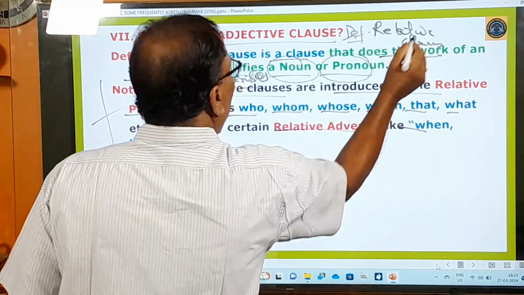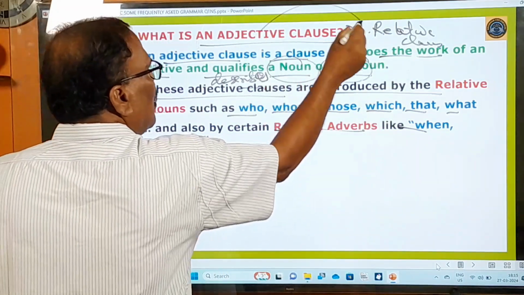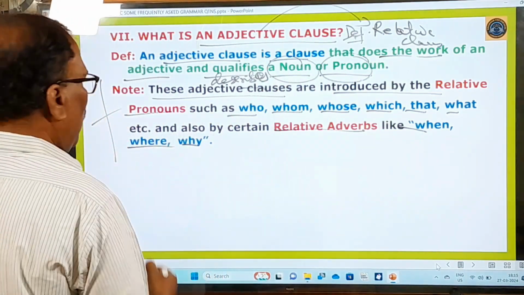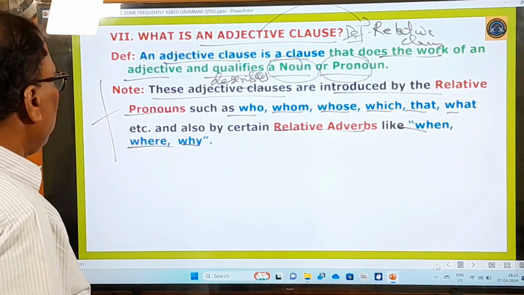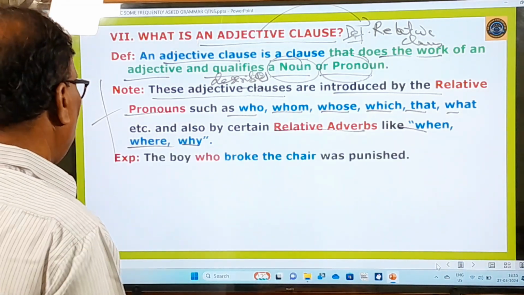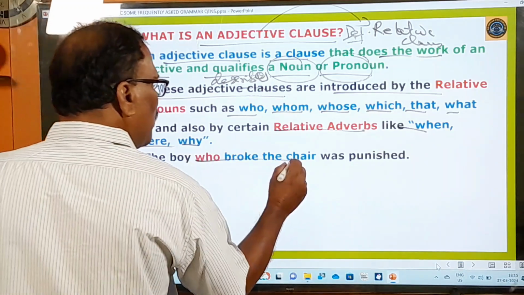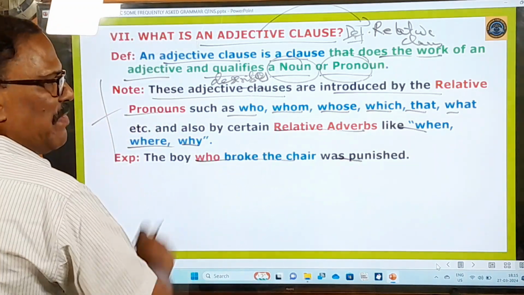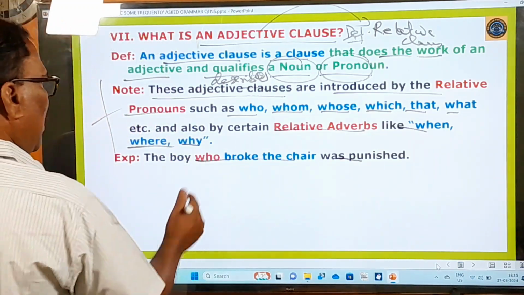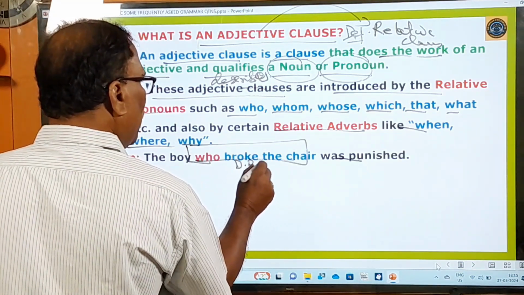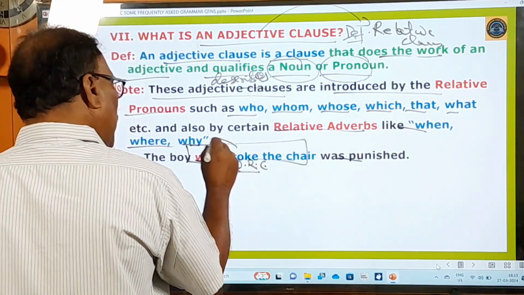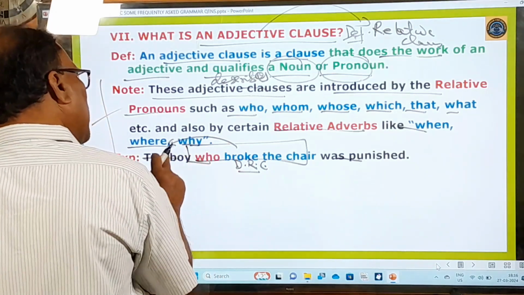All adjective clauses are defining relative clauses. The same point I have given you earlier on some slide, while teaching about the defining relative clauses. So here, the boy who broke the chair was punished. Again, the same example is given. Here, this who broke the chair is what? It is a defining relative clause. It is describing this boy.